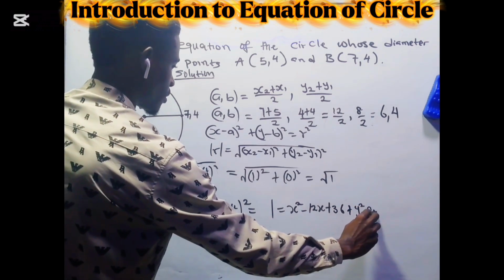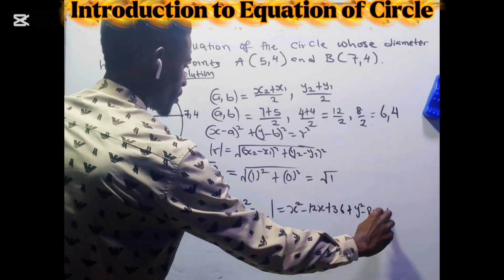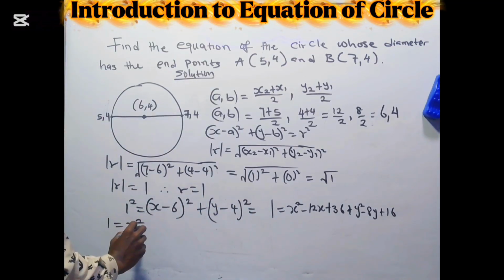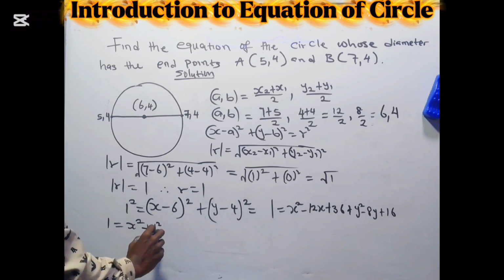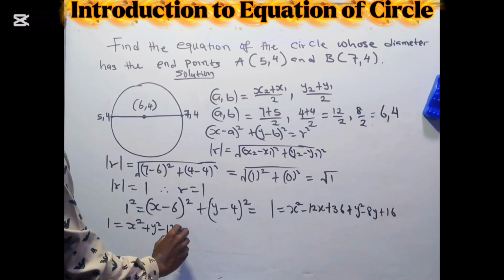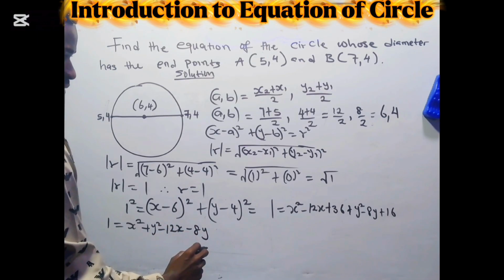minus 8y plus 16. So from here, we'll have 1 equal to x squared, bringing y first, plus y squared minus 12x minus 8y.